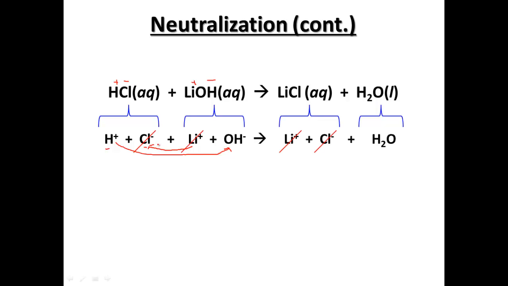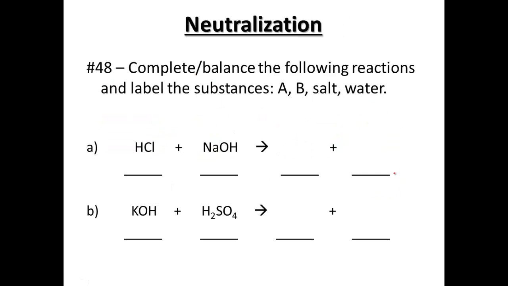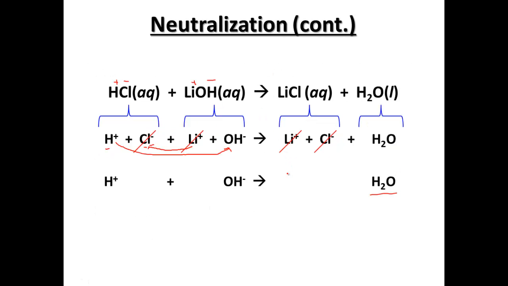So we're going to produce in the end hydrogen plus hydroxide to produce our H2O, and then our lithium and our chlorine are going to be the other part. So what we have here is our salt, and here we'd have our water being produced from this chemical reaction. In neutralization, we lose the H plus and the OH minus. They're neutralized out, forming that water.